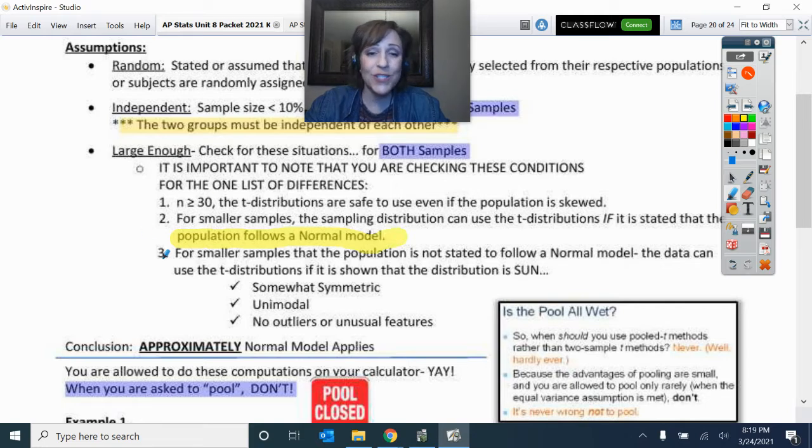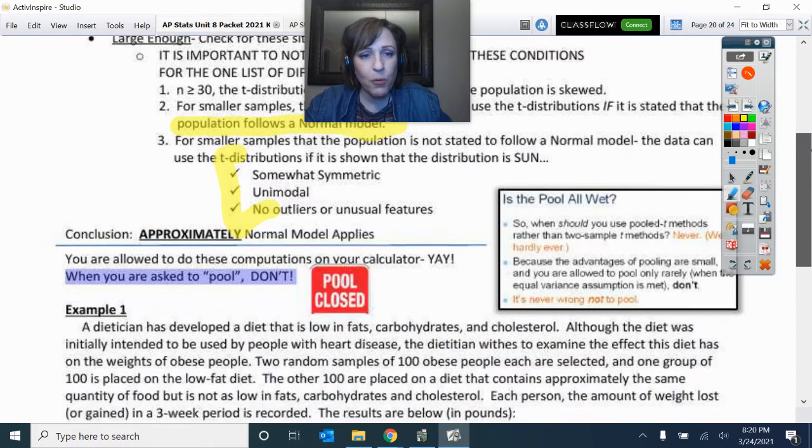And as a last resort, you might have to do the dot plot or the histogram for both sets of data. That would not be ideal, having to do two histograms and say they both are somewhat symmetric, unimodal, and no outliers, so the approximately normal model applies. Otherwise, we're going to be doing this just like we did two proportions.